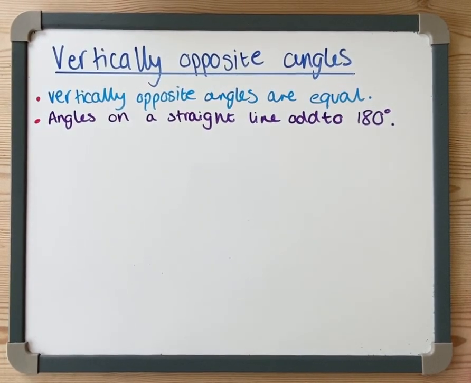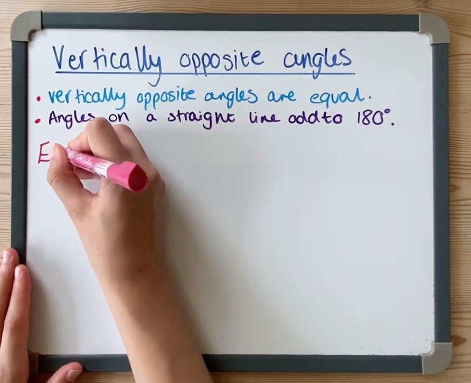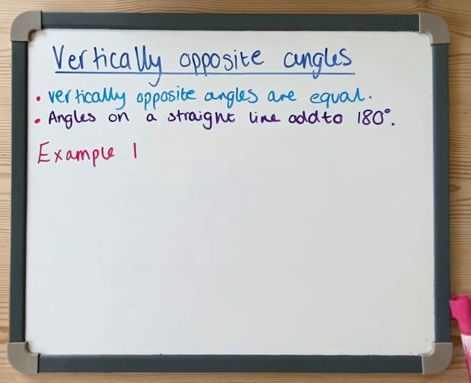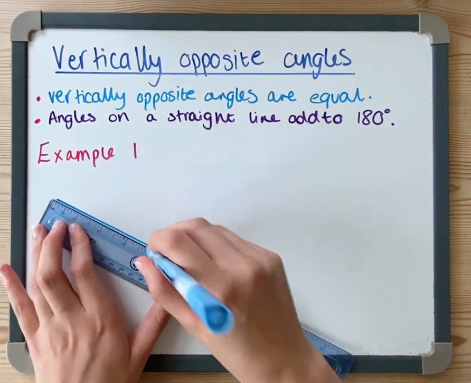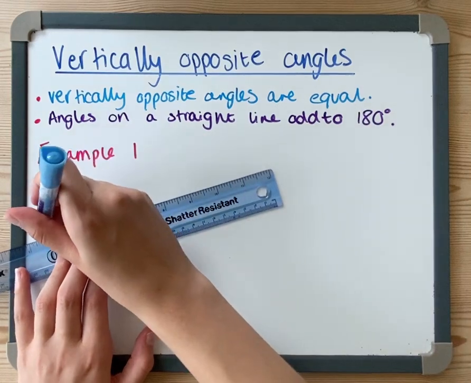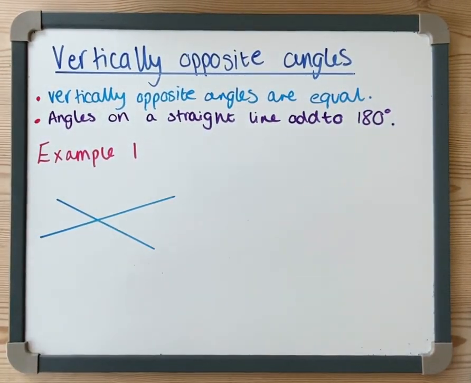Right, I am going to start with my first example. Can you please make sure you draw your diagrams in pencil, because it will help? And again, make sure you're pausing if I'm going too fast, it's absolutely fine to pause.